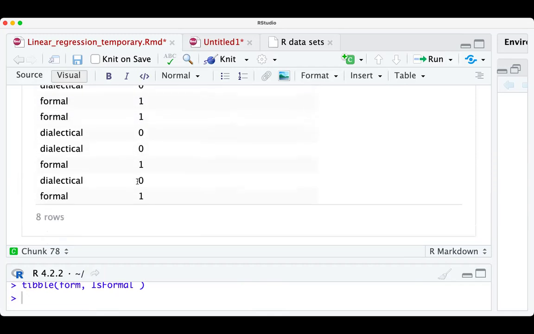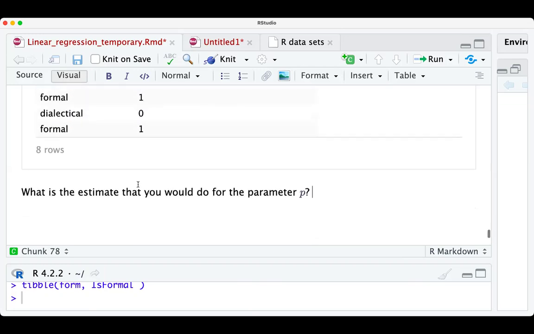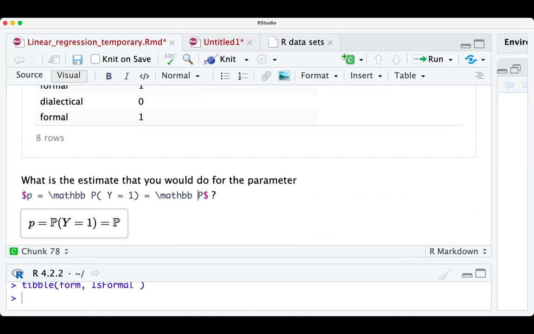If you have to guess something, how would you estimate the parameter p, recall that it is the probability that a randomly chosen person says the formal variant.